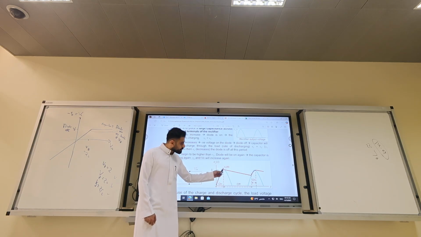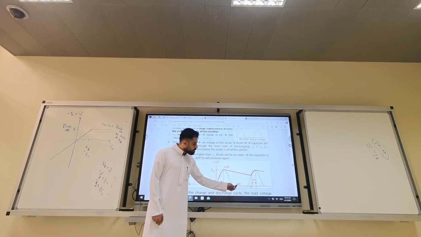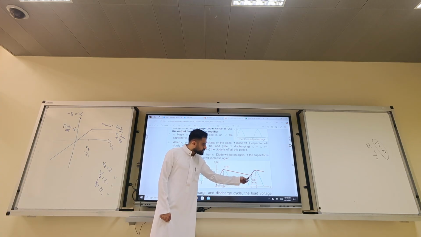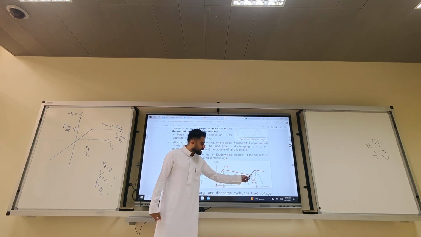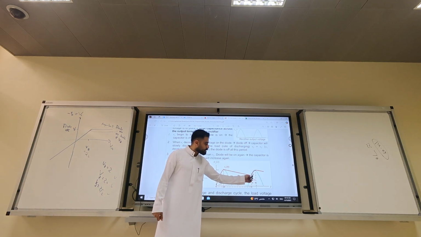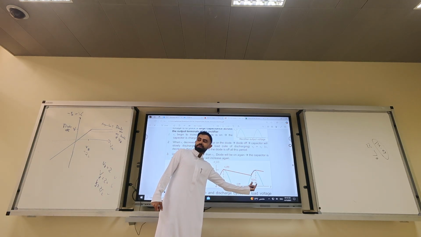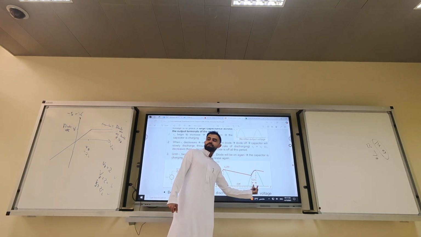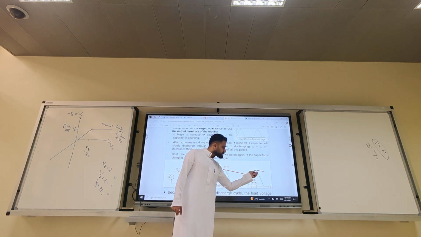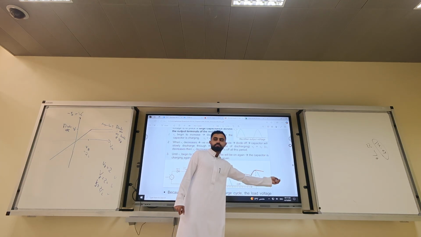When the input rises above the held charge, the diode will turn on again. Here it's below 25%. The first one is 25% on, here maybe 20% on, until it reaches the peak and then starts dropping and it will discharge.